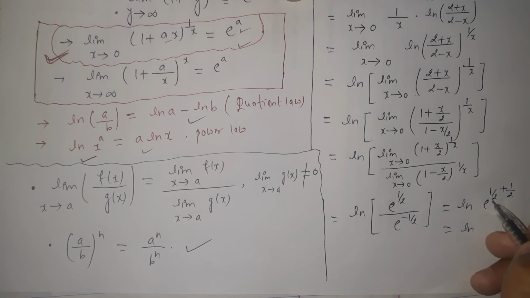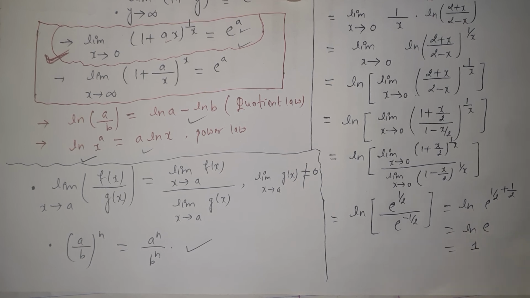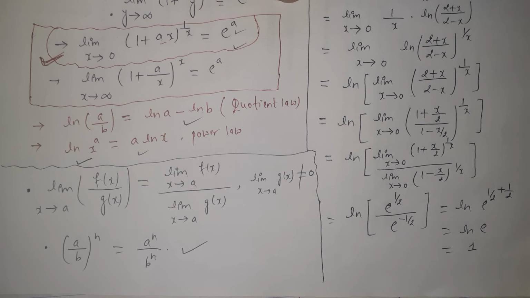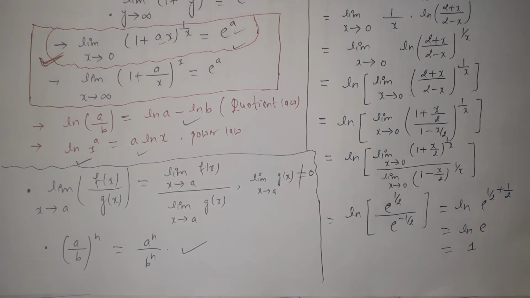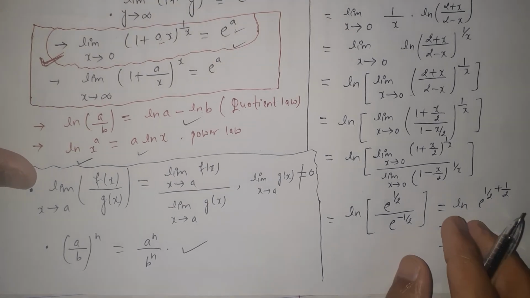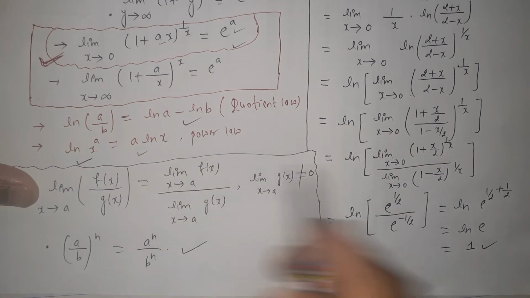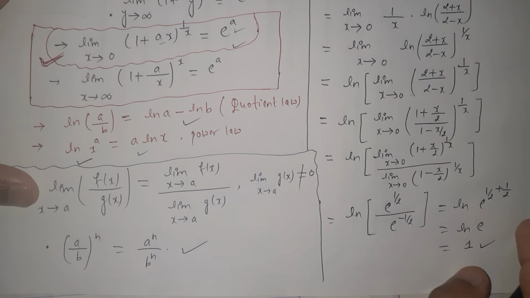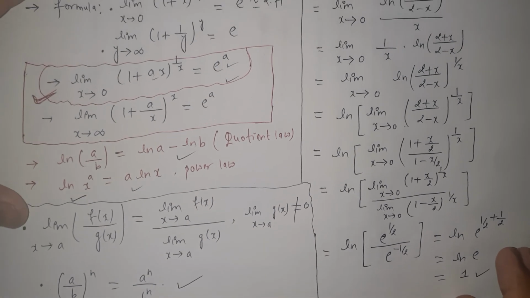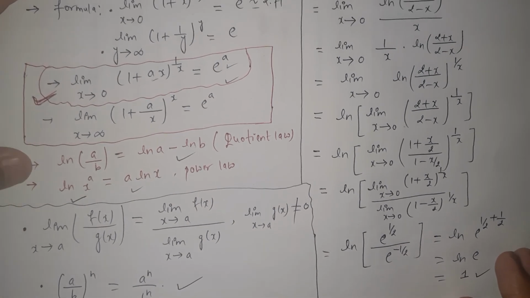Ln of e to the power half plus half gives a single e to the power 1, this is e, and ln of e is just 1. Here we calculate the limiting value of the given function as 1 by using these properties of the limit, some properties and some formulas of the limit of a function. And here we also use some properties of the logarithm functions.